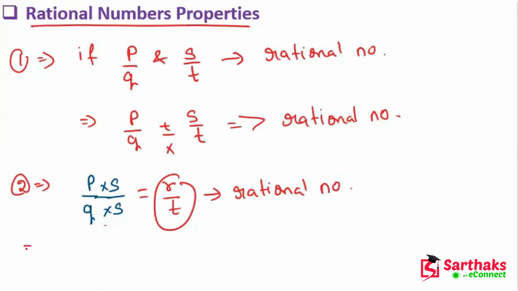For example, if we have 1 upon 2 and we multiply both the numerator and denominator by 3, we get 3 upon 6, which is the same as 1 upon 2. So this is also a rational number. I hope you get this point.